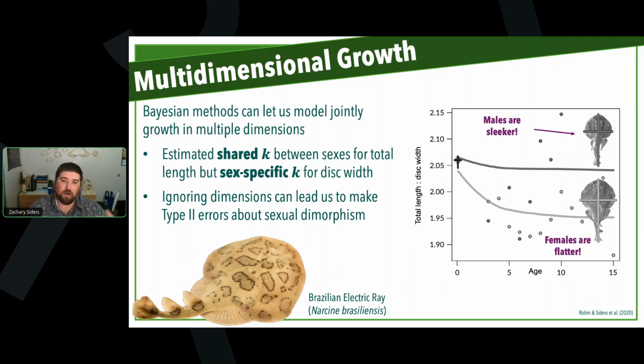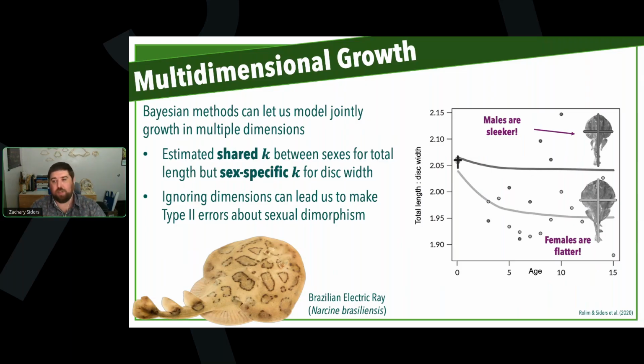The bigger you are, especially in multiple dimensions, the harder it is for a predator to eat you. And in the Brazilian electric ray, the bigger you are, the bigger the electric field you can generate to deter predators as well. So there are some really good correlates that go along with length.